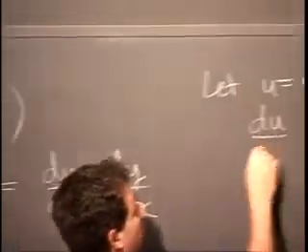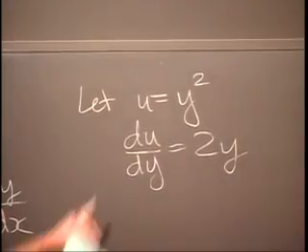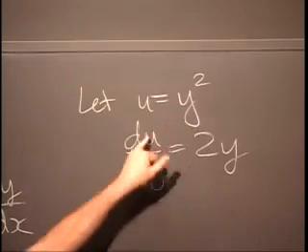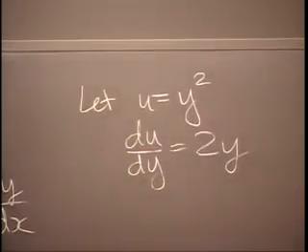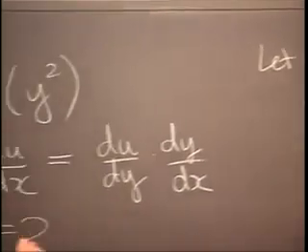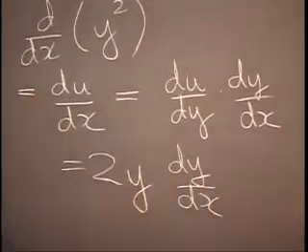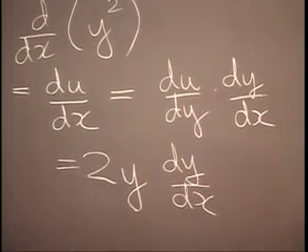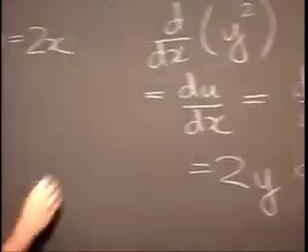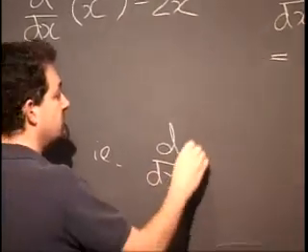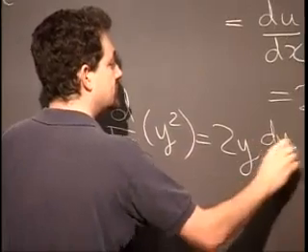Du dy is 2y. No problem there, no implicit differentiation. U is a function of y, it's y squared, so change of u, change of y, du dy is just 2y. So coming in here, du dy is 2y, dy dx is just dy dx. So just to summarize that chain of equations, I have shown that d dx of y squared is 2y dy dx.